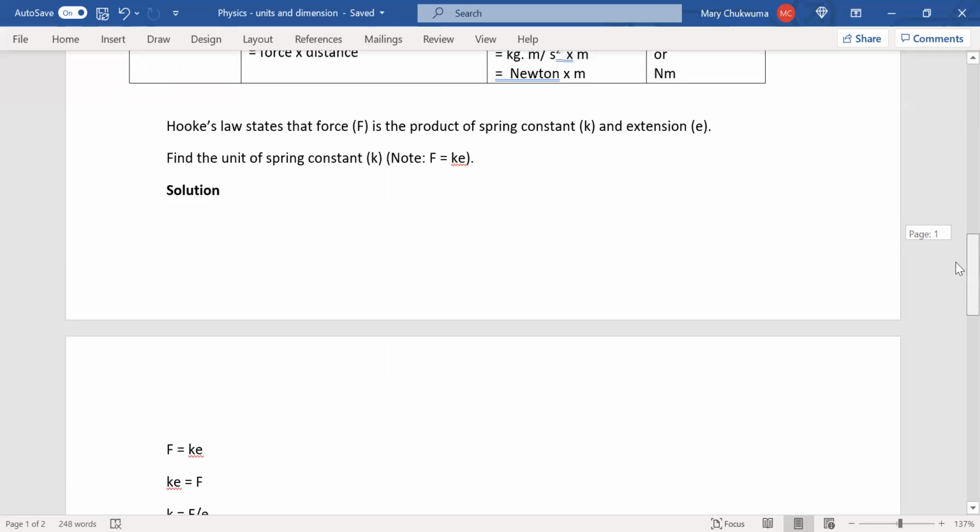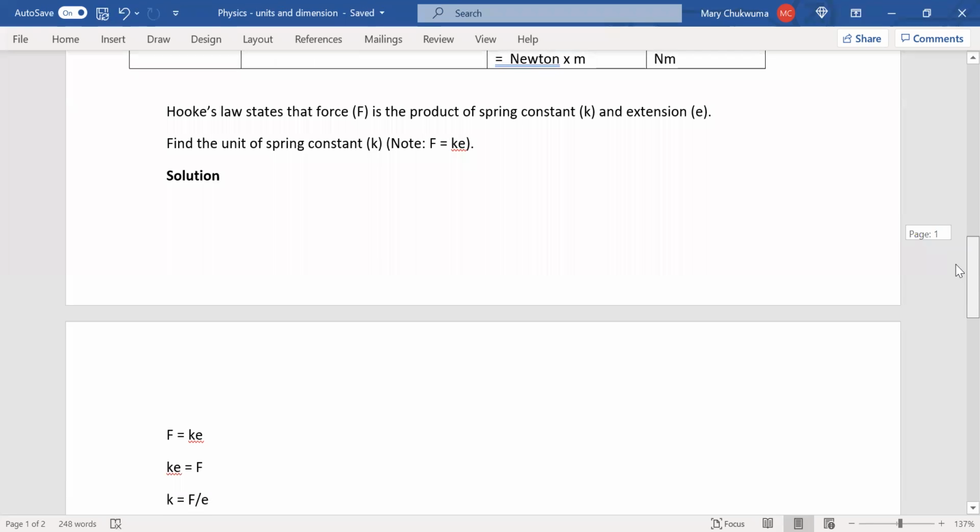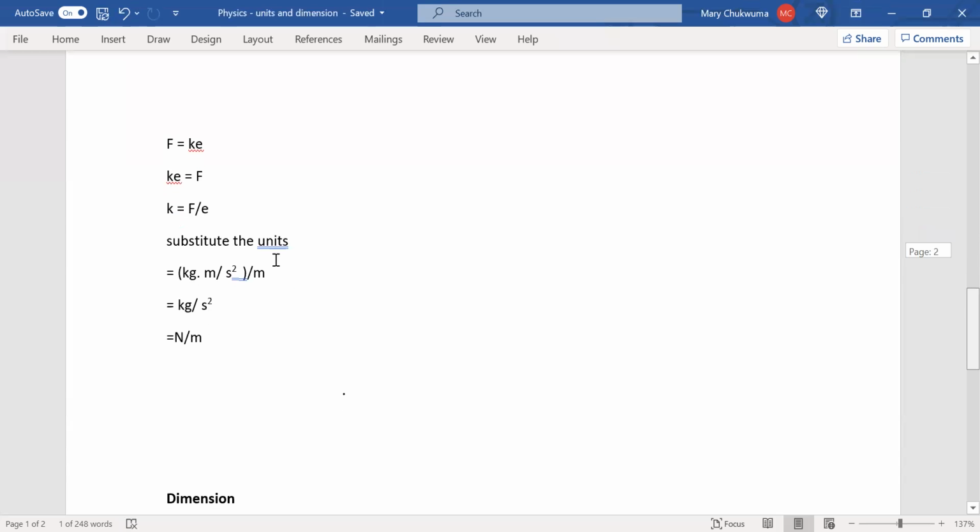Okay, so we want to find the unit of the spring constant. So what we are going to do is to make K the subject of the formula. If we make K the subject of the formula, we have that K is equal to force over extension.